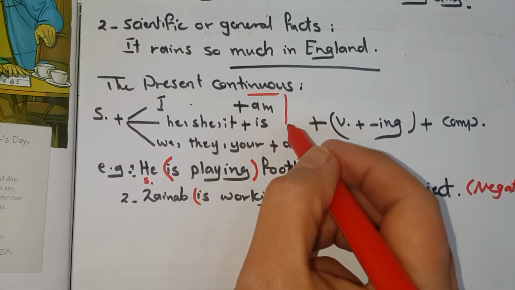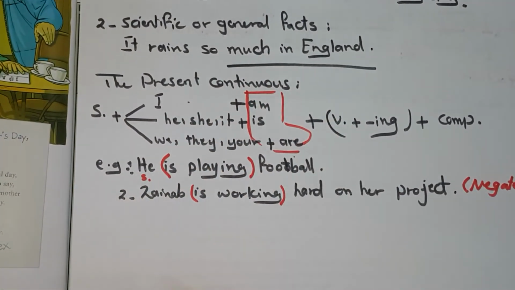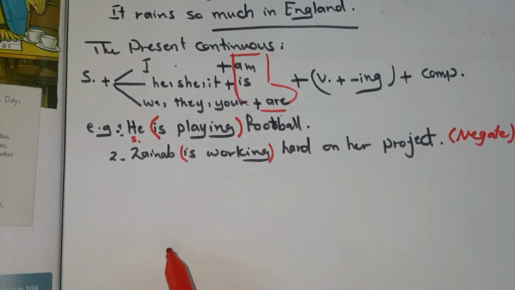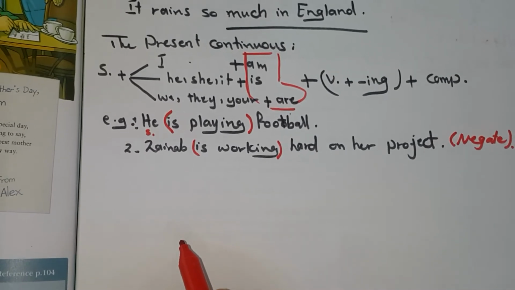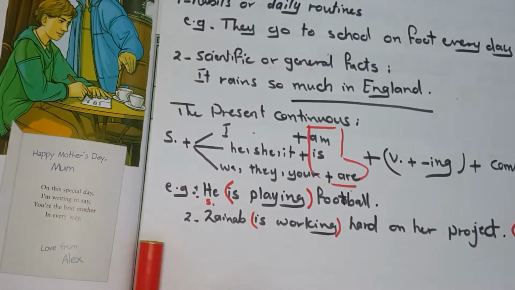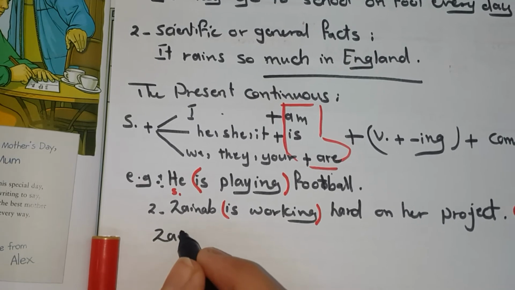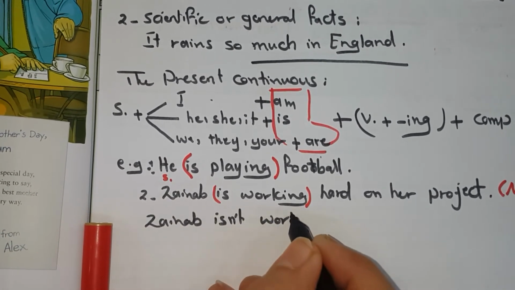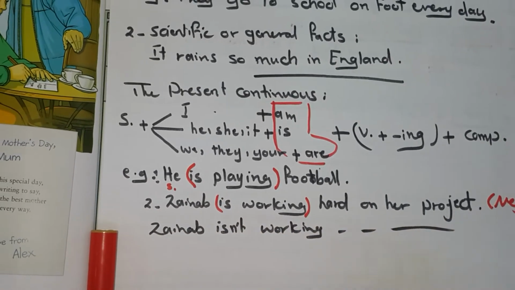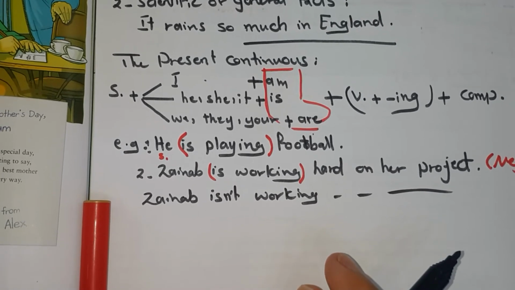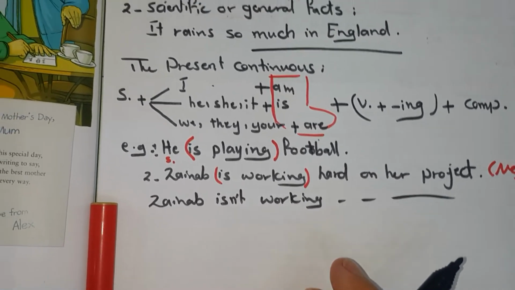And since here we have 3 auxiliaries in this tense, it's a little bit easy to negate the sentence with the present continuous mood. I can say Zainab or she is not working hard on her project.